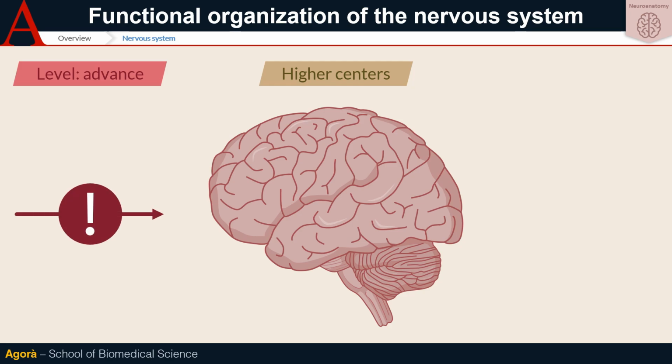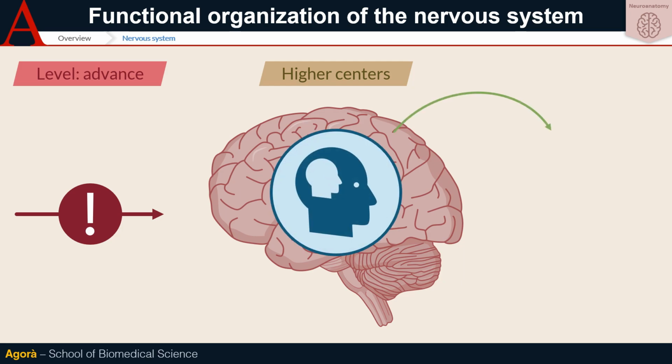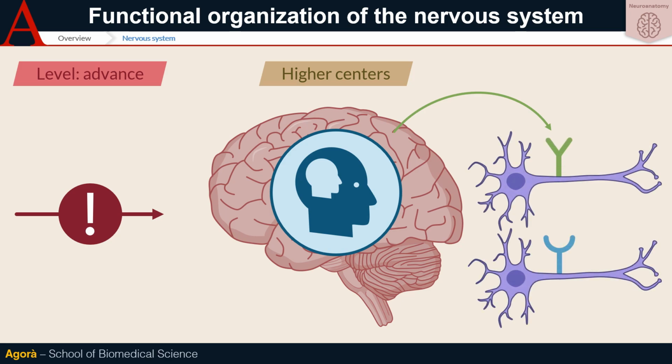These centers are tasked with converting sensations into perceptions, or more precisely, conscious sensations. The way these neurons interpret the message hinges on the type of receptors they have. This process largely defines how we interact with the outside world, both in perceiving and reacting to stimuli.